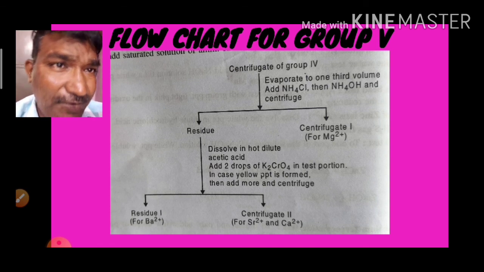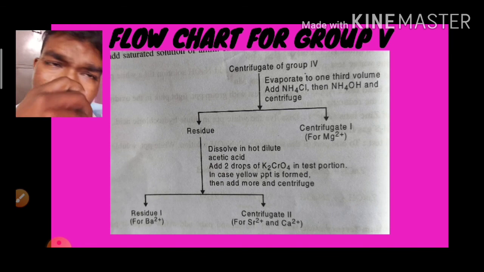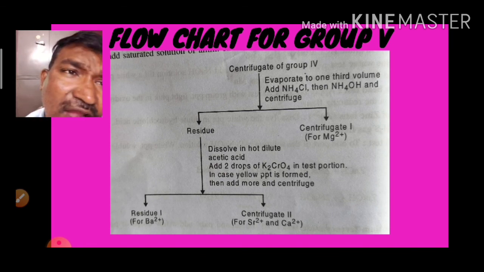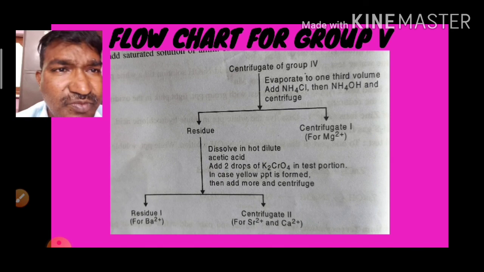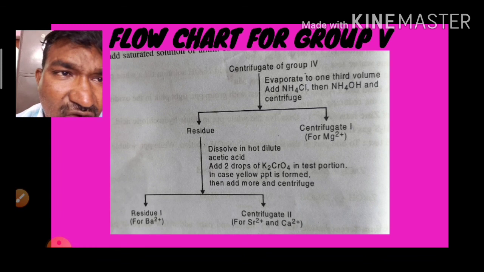All the fifth group cations, barium, strontium and calcium, form the white color precipitate. To identify them, first of all we have to centrifuge that one and get the white precipitate, and dissolve that white precipitate in dilute acetic acid. After that we have to add the potassium chromate solution.